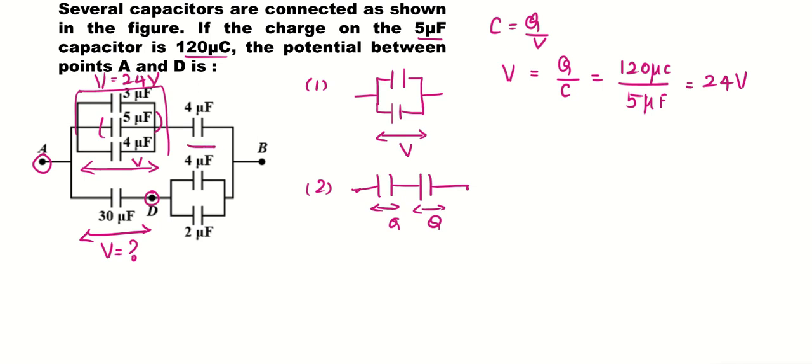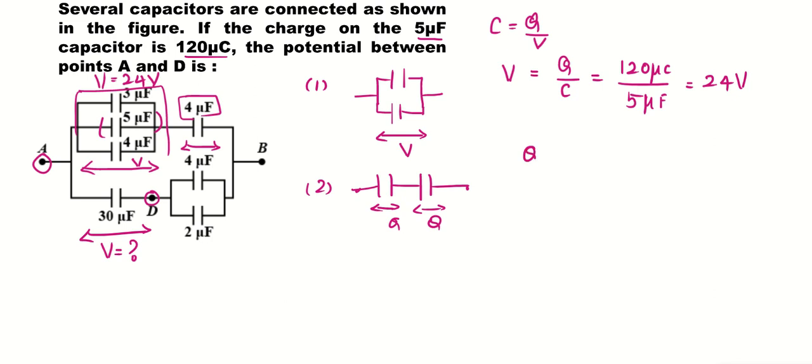Now to find out what is the voltage across this 4 microfarad capacitor, we are going to use the second fact, that is, the charges stored in them are the same, because all the three capacitors are connected in series with the 4 microfarad capacitor. So what is the charge stored in the parallel combination?